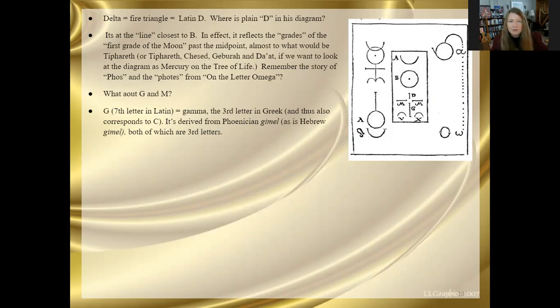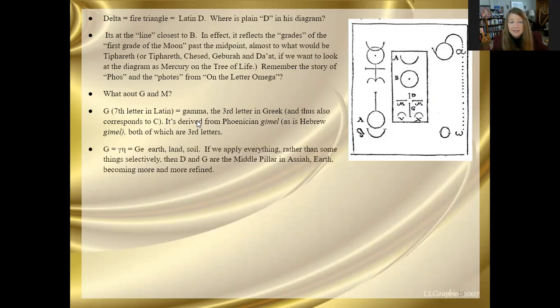So there are other places when you are reading back through the whole monad that if it is more helpful to make a C into a gamma, for example, you can do that. It can actually be helpful in looking at that glyph in Theorem 21. It's derived from Phoenician gimel, just like the Hebrew letter gimel. Okay, so there's G. Well, how does that help us understand what this is in any way?